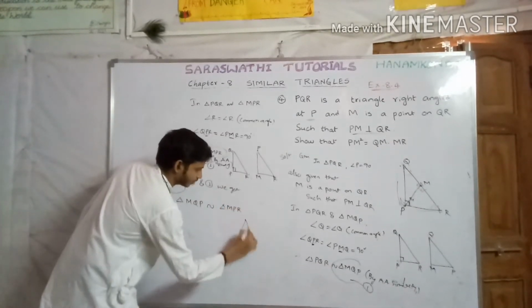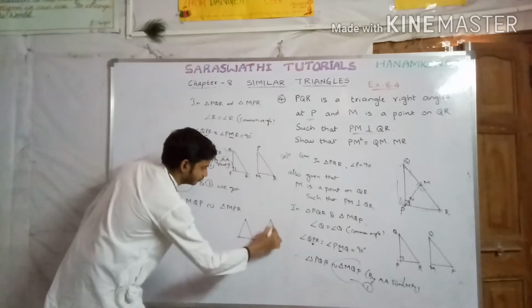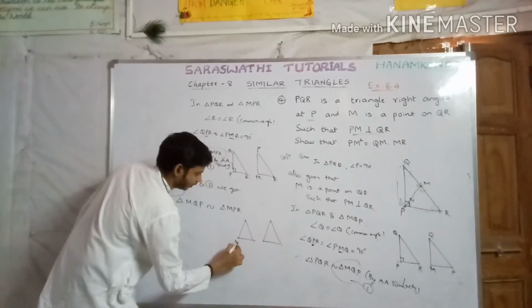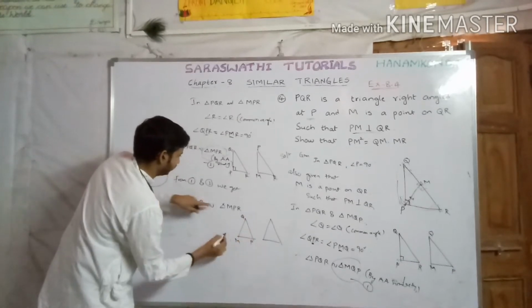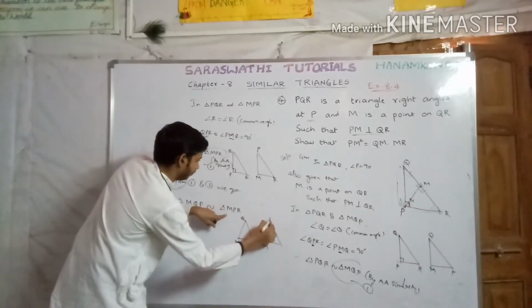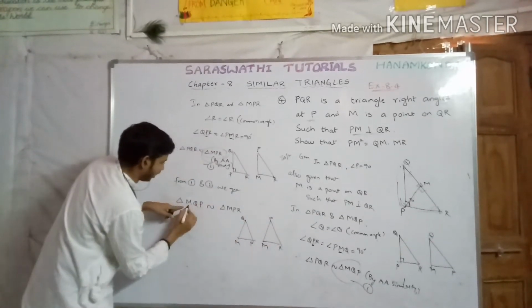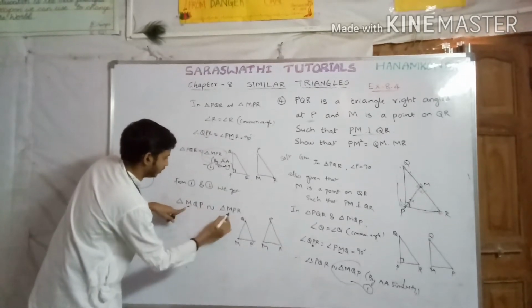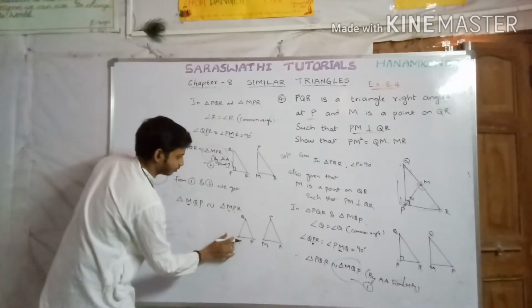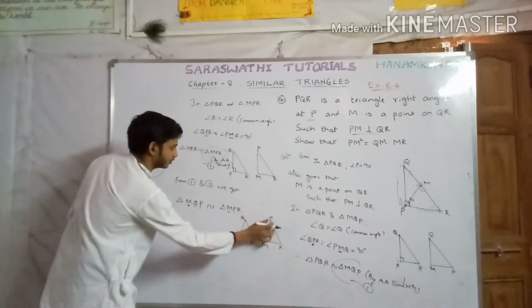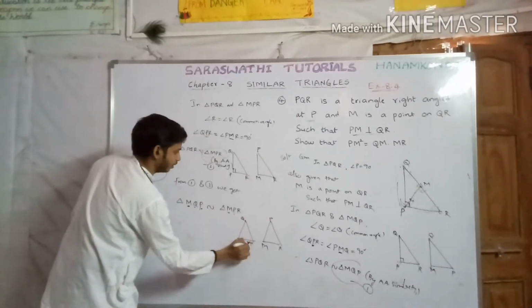Draw the two triangles. MQP corresponds to MPR. So angle M corresponds to angle M, angle Q corresponds to angle P, and angle P corresponds to angle R.